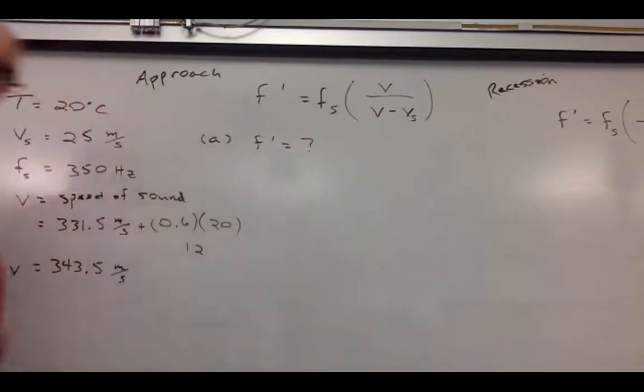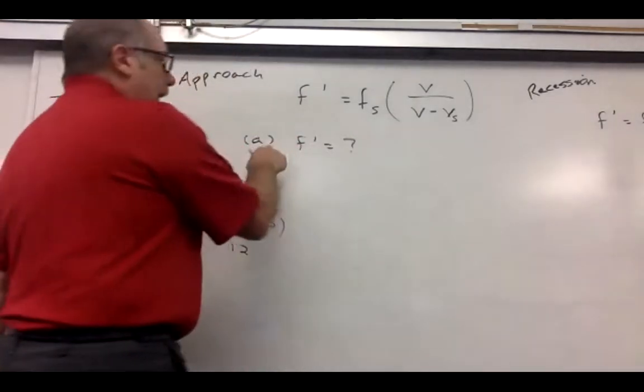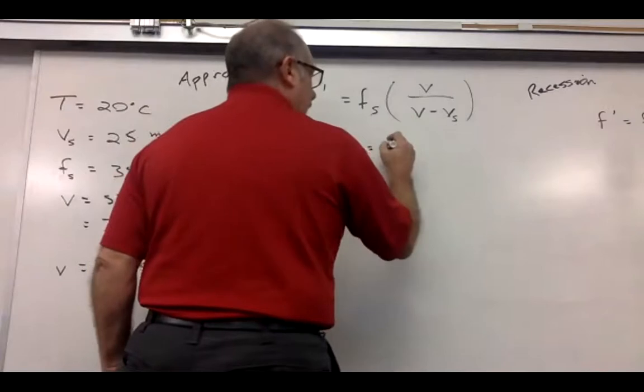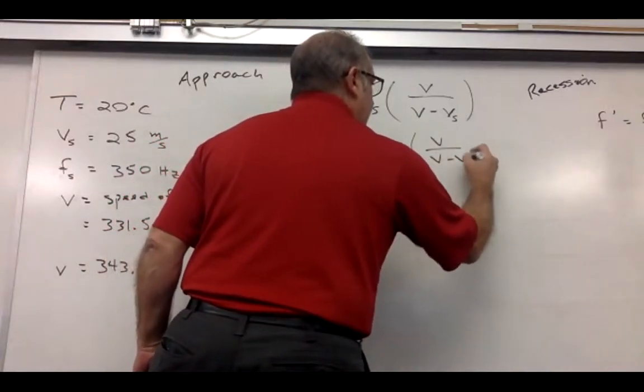Now, okay with that? My body's going to get in the way, so apologies in advance. All right? The frequency on approach is going to be this one above, F sub s times V over V minus V sub s.